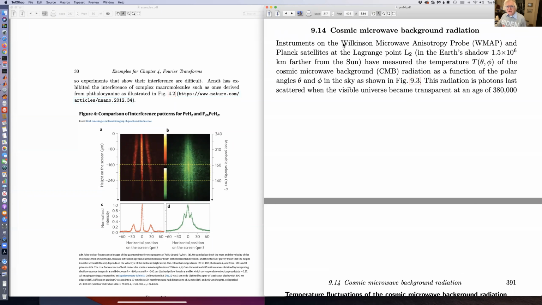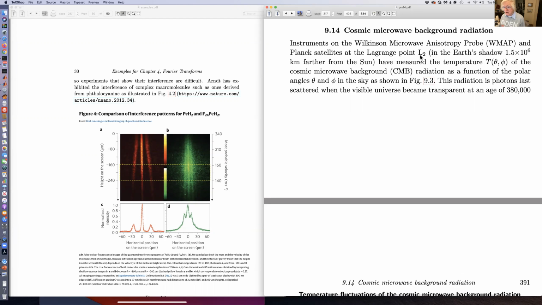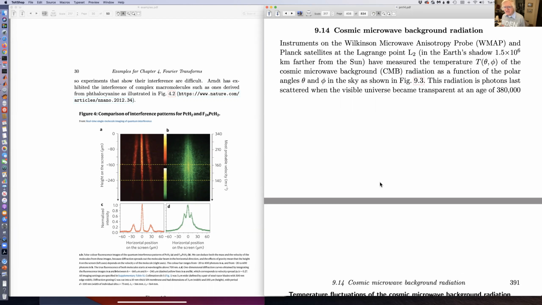All right, the CMB. Well, there are the instruments on the Wilkinson Microwave Anisotropy Probe, which is called WMAP, and also the Planck satellites. The Planck satellites are at the Lagrange point L2. Sorry about this. This mouse is so damn sensitive. Anyway, this Lagrange point L2, by the way, is in the shadow of the Earth.